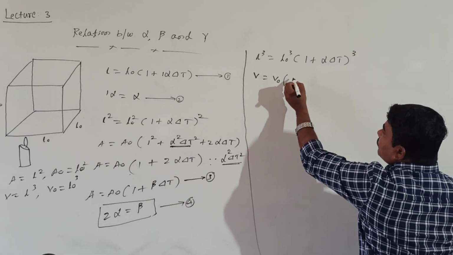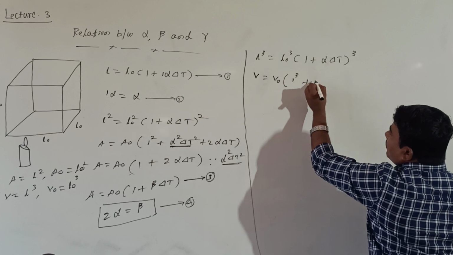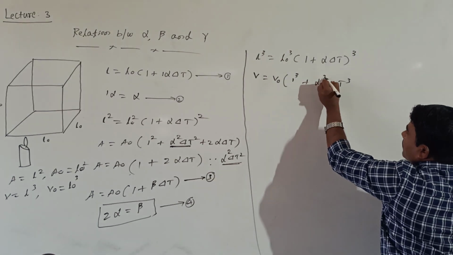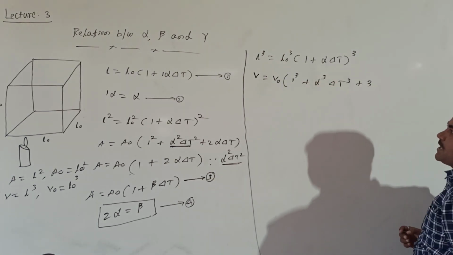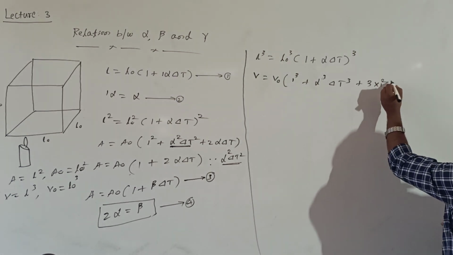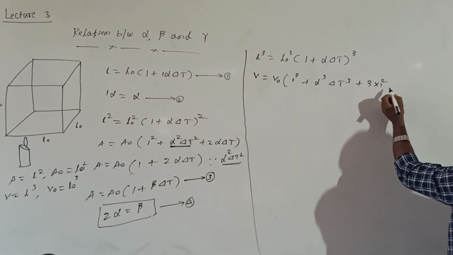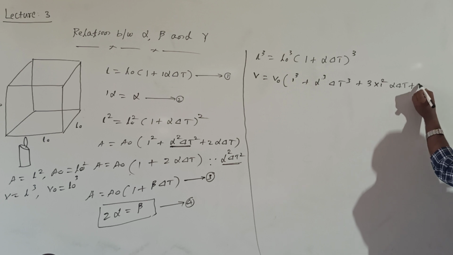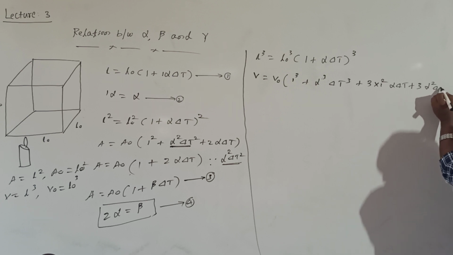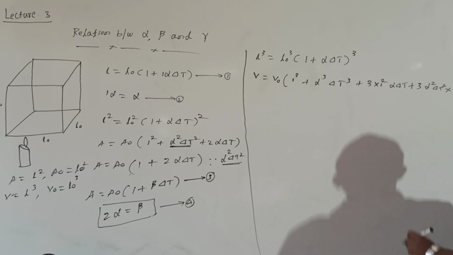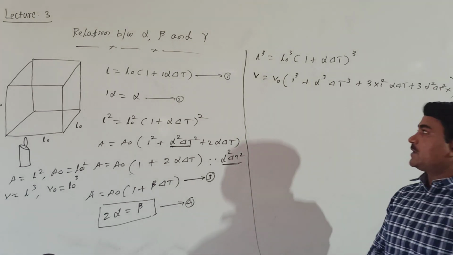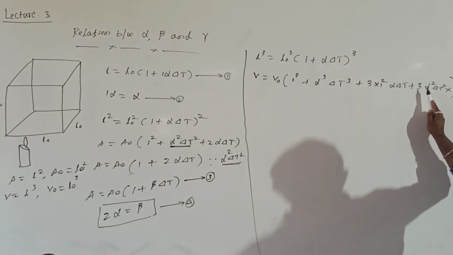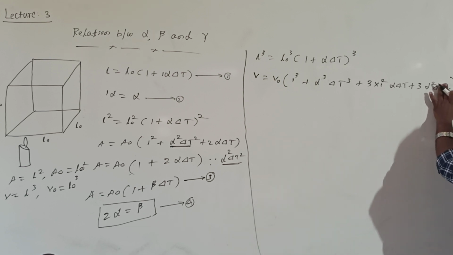A plus B whole cube equals A cube plus B cube plus 3 A square B plus 3 B square A. Here A is replaced by 1, and B by alpha delta t.